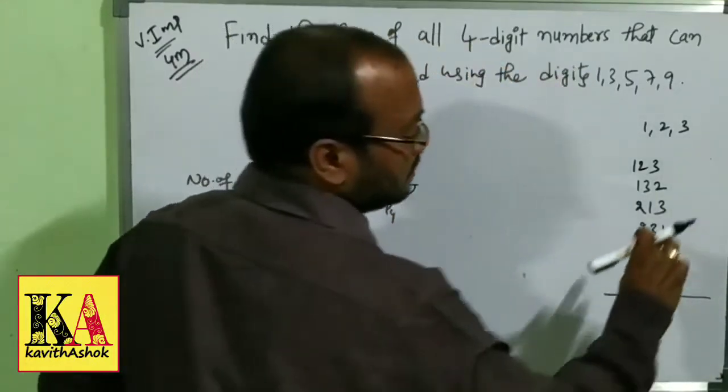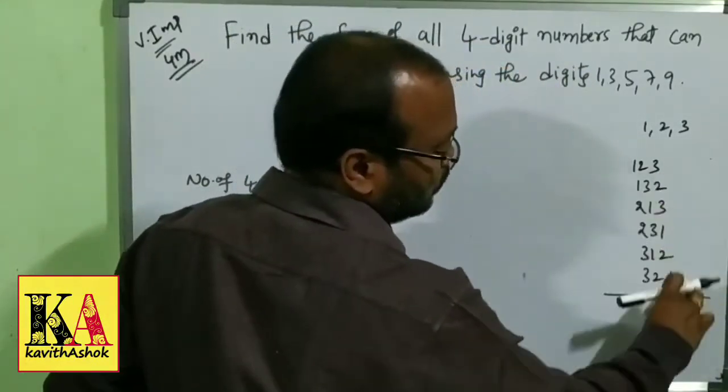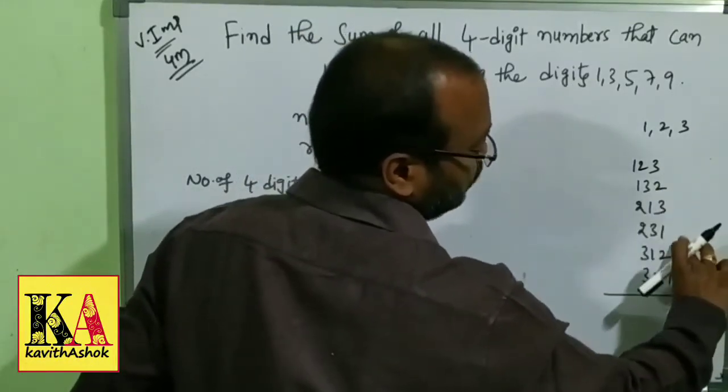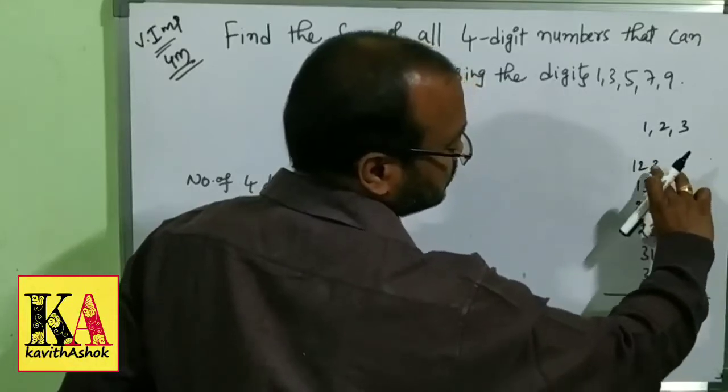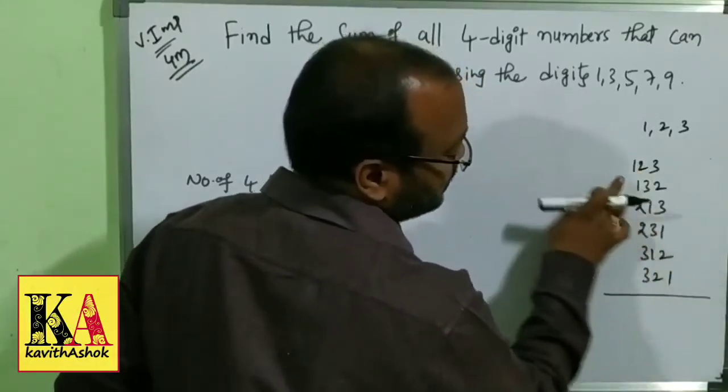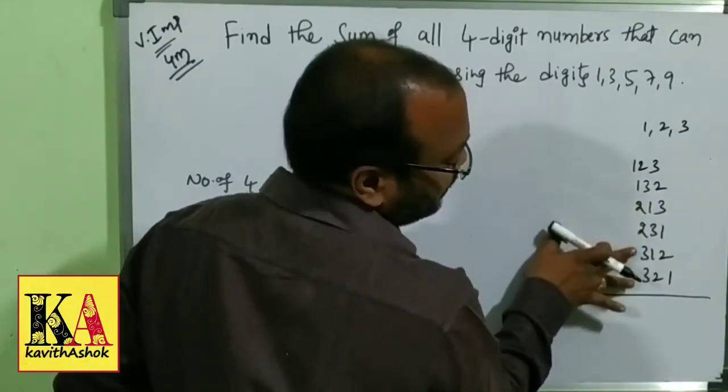Once you observe, in the unit place, two 3s are there, two 2s are there and two 1s are there. In the same way in the 10th position also, two 2s, two 3s, two 1s are there. In the last position also, two 1s, two 2s and two 3s are there.